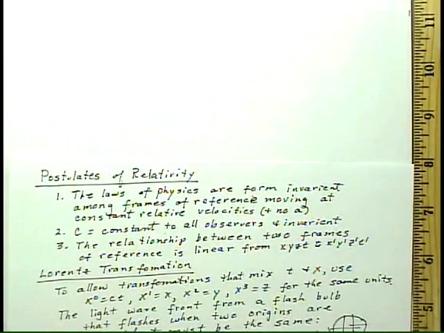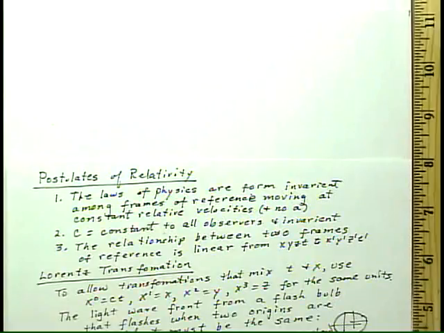Looking now at what this transformation is going to be, it is called the Lorentz transformation. That is because not Einstein, but Lorentz first wrote down this transformation, although his interpretation of the transformation was quite different from that of Einstein. He still gets credit for the transformation itself.